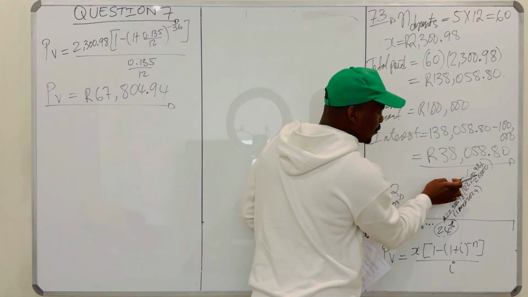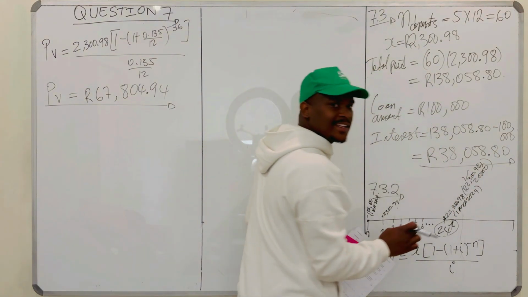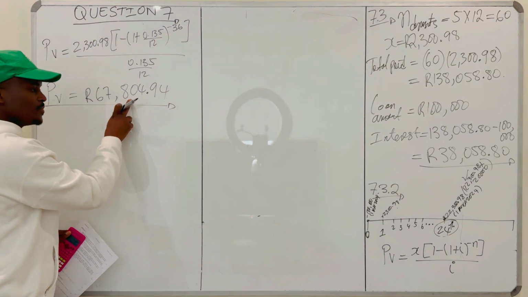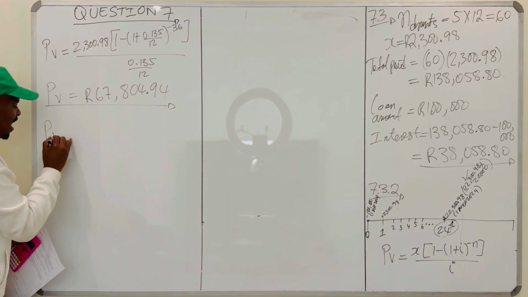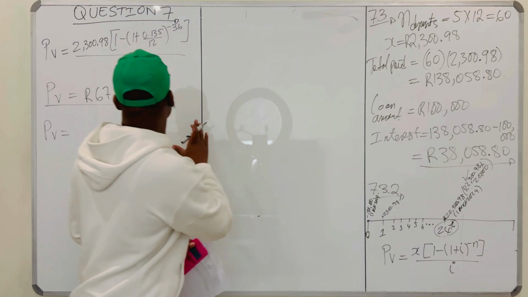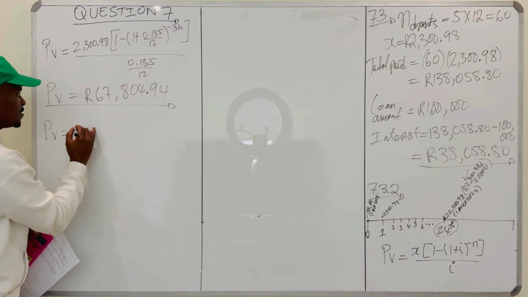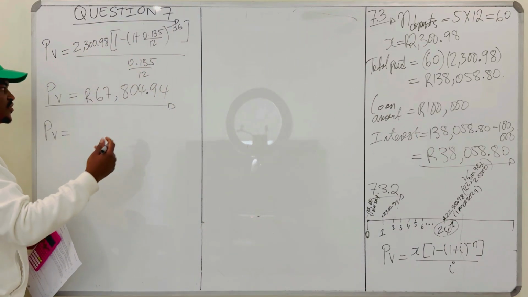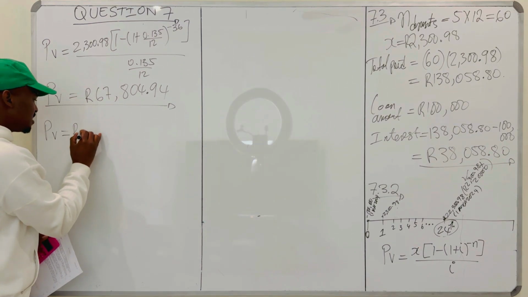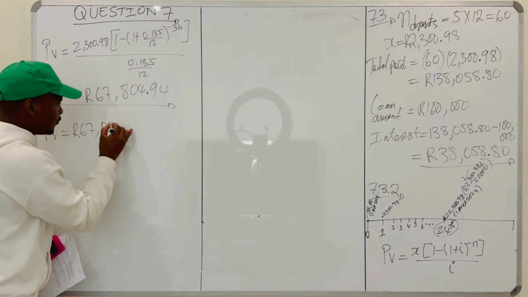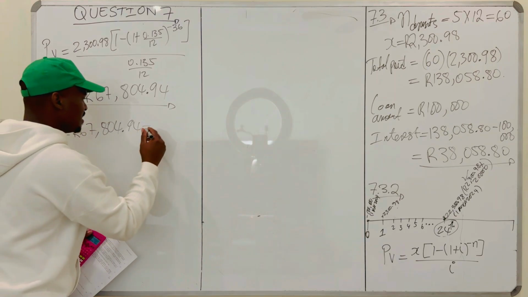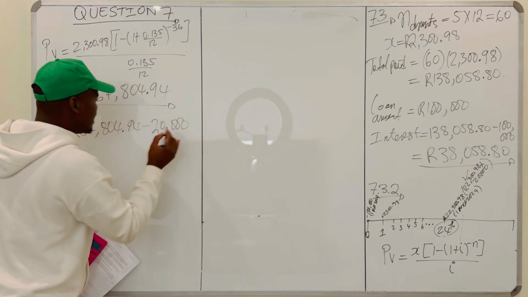This is the balance of the loan after he made this amount here. But this amount didn't come on its own. It came together with that 20,000. So after he paid his 2,300, he was left with this much. But after he also paid that extra 20,000, this was reduced by 20,000, which means the new balance of the loan after the 20,000 entered the account is 67,804.94 minus the extra 20,000 that was sent to reduce the loan.